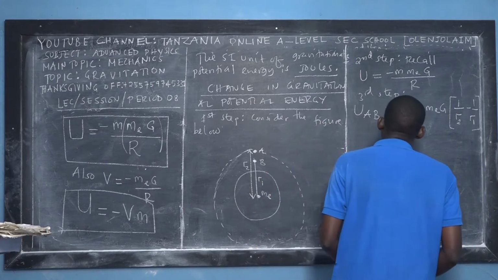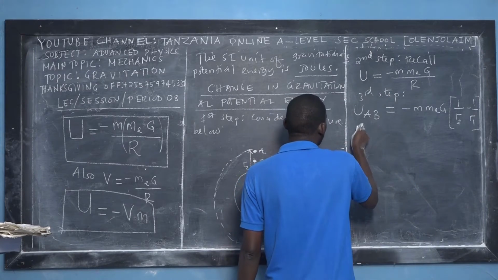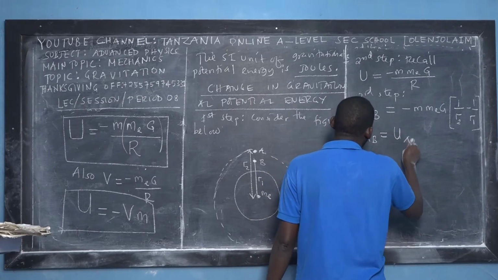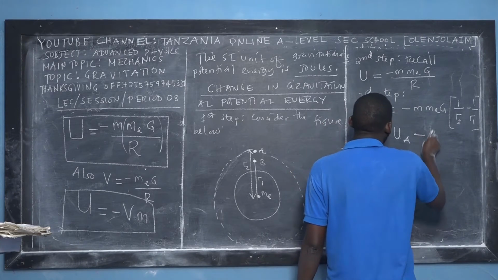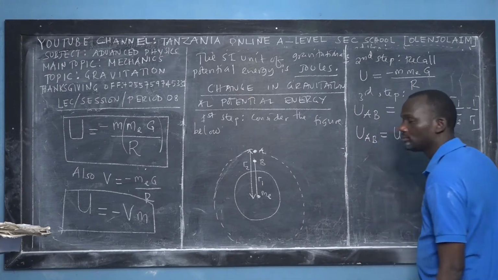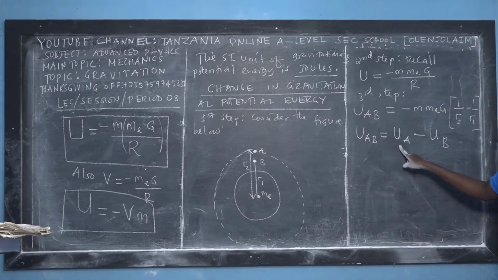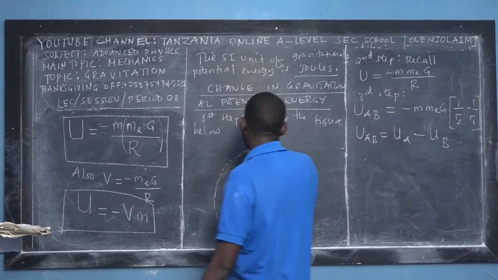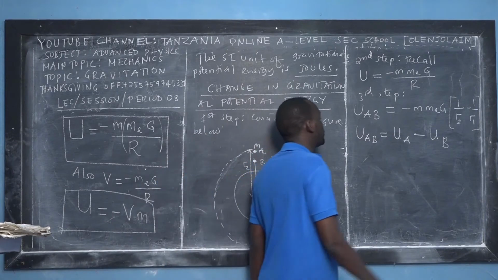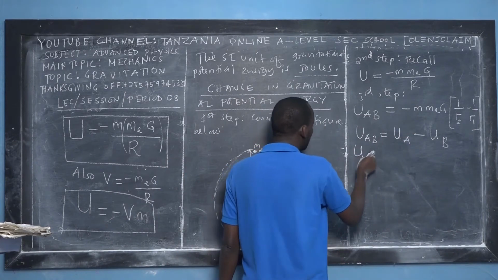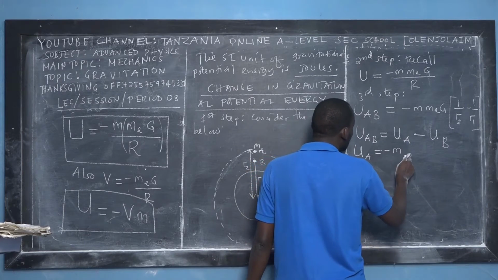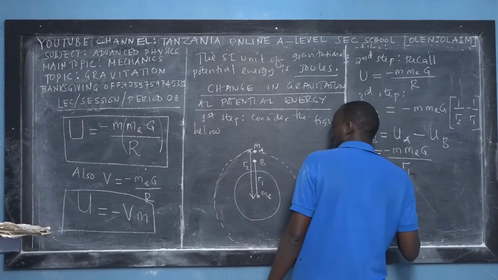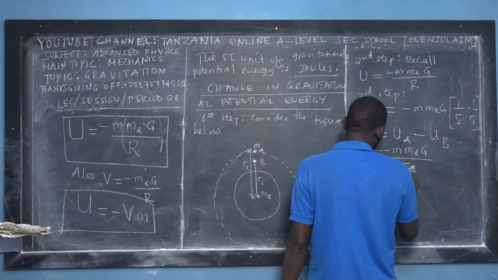So what we have done here is, to find the gravitational potential between point A and point B, we take the gravitational potential of a satellite at point A minus the gravitational potential at point B. This is the gravitational potential at point A, between the S and the body, such as the satellite, and this is the gravitational potential at point B. Remember that the gravitational potential at point A is equal to negative mass of the body, mass of the S, times gravitational constant over radius 2.